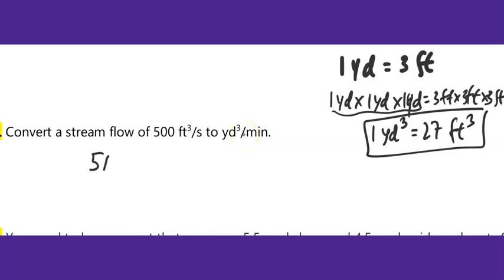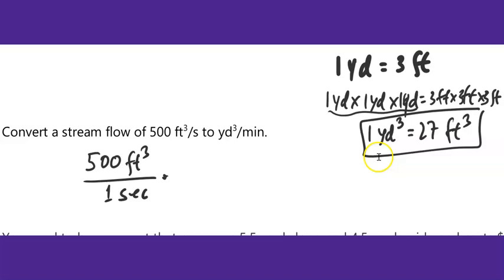So you start with 500 feet cube divided by 1 second. That's the same as saying 500 feet cube per second is 500 feet cube divided by 1 second times. If you look at the equation here, 1 cubic yard equals 27 cubic feet.